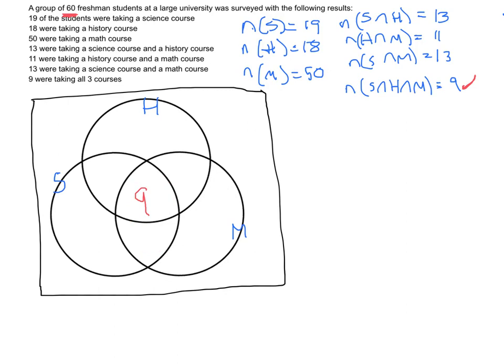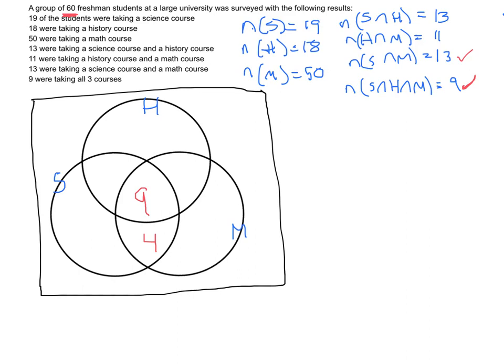That's where S and M intersect. And of the 13 elements that are supposed to be in that region, we see 9 of them are actually there already, which means that we are left with 4 for this little region here. So again, if we look at S intersect M, we have 9 plus 4, which make up the 13 that we need.